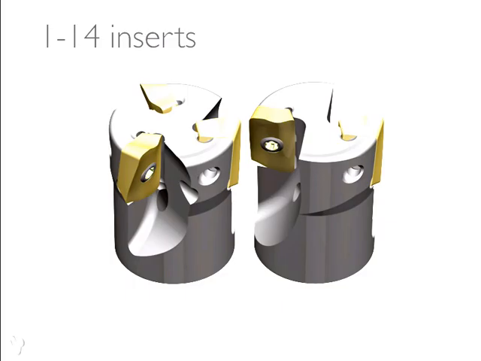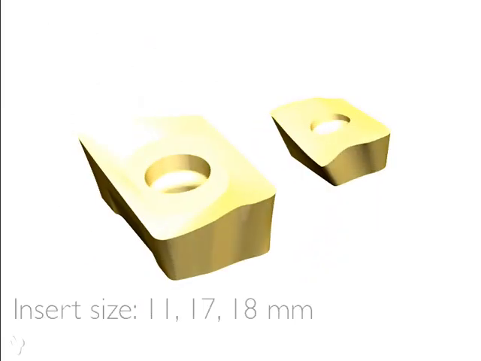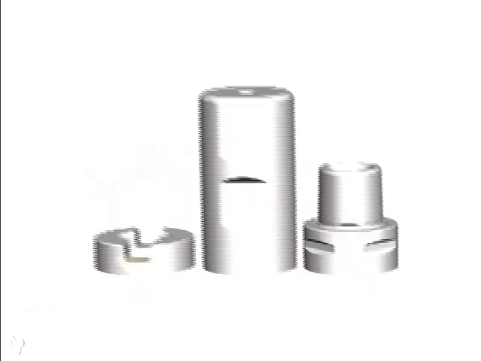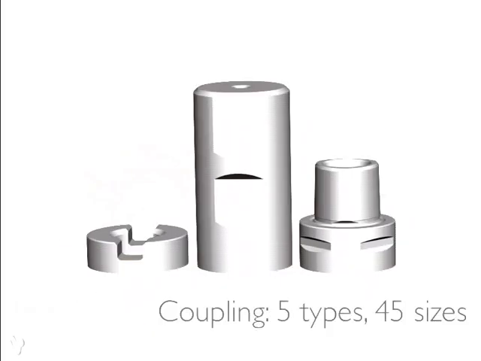And the inserts are to us what razor blades are to Gillette. It's what you sell over and over again. The inserts come in 3 different sizes in this family, and you also have 5 different coupling types coming in 45 different sizes. And couplings are actually the interface, the part that you put into the machine.